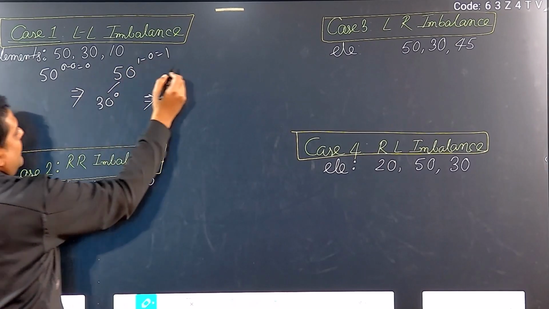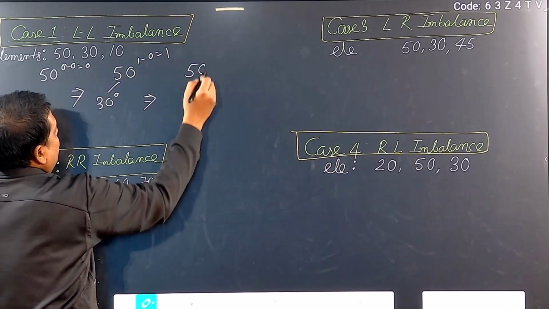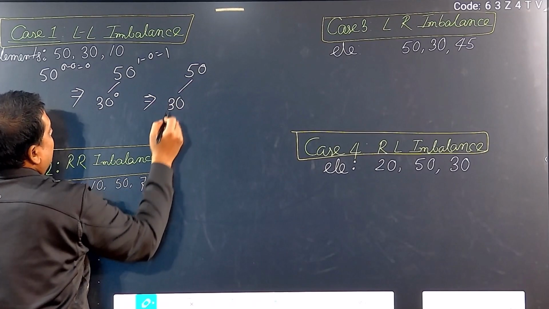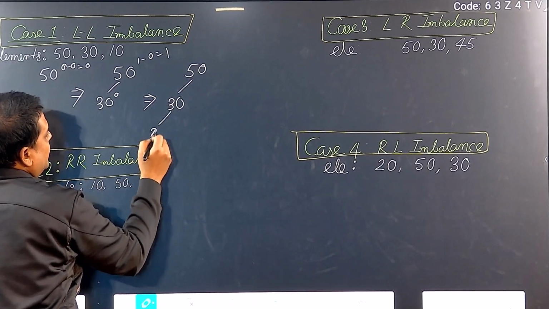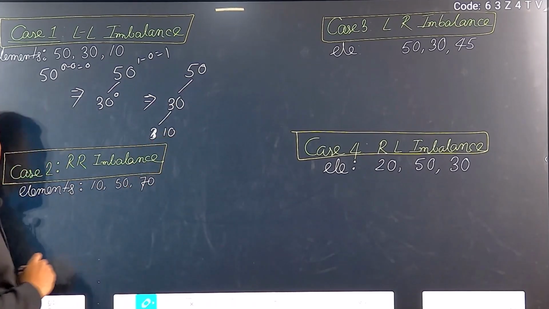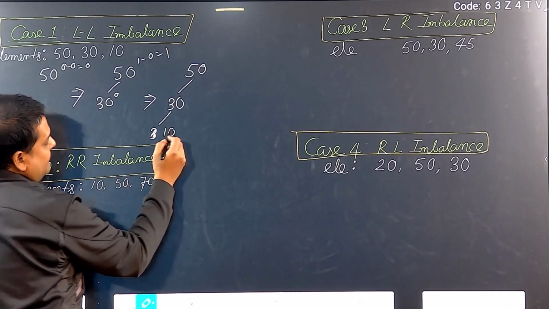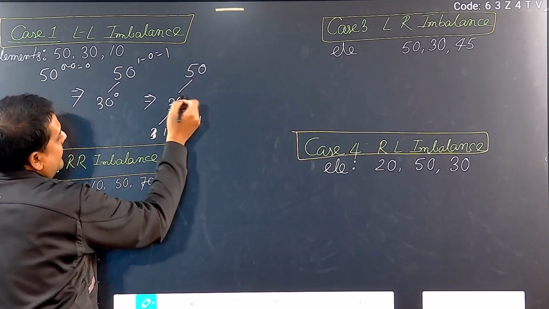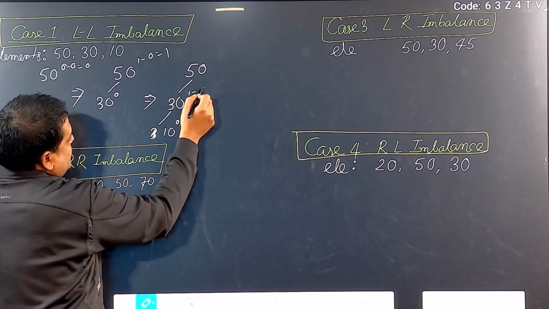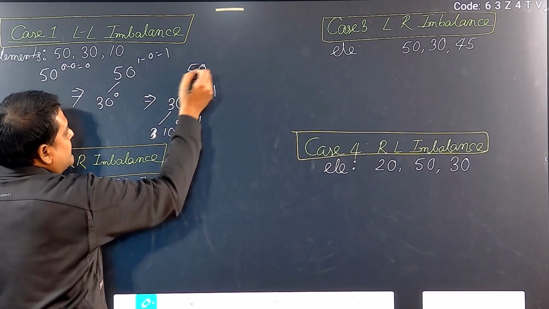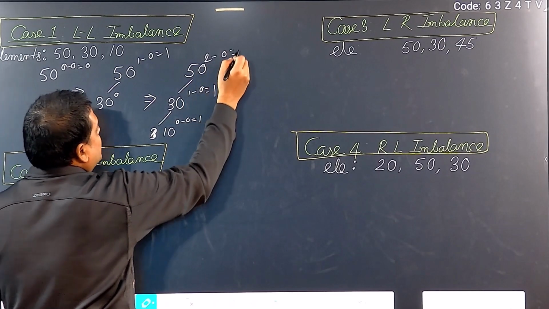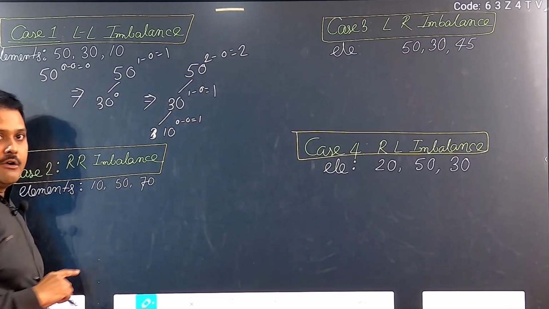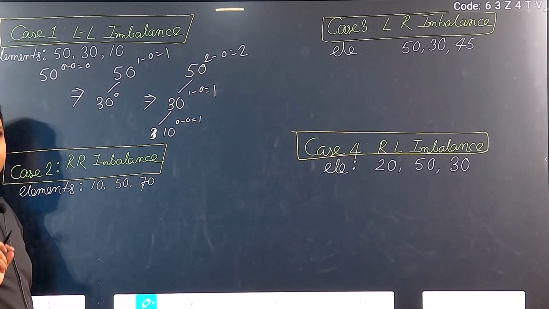Now, we are going to insert 10. So, 50 is here, 30 is here, then 10 will be on its left side. If I calculate the balance factor for 10, this will be 0 minus 0, no problem. For 30 this is 1 minus 0, which is 1. For 50 this is 2 minus 0, which is 2, and this is a problem. What are the values allowed for the balance factor of a particular node?